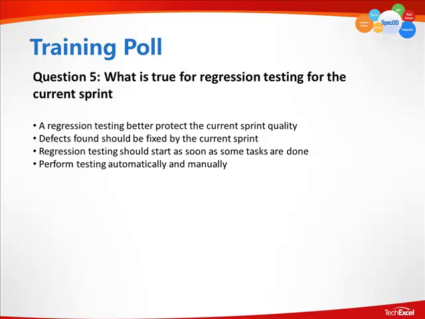Or maybe should defects found be fixed within the current sprint? Should regression testing start as soon as some tasks are done? Or should regression testing be performed automatically, as well as manually, both, for the current sprint?